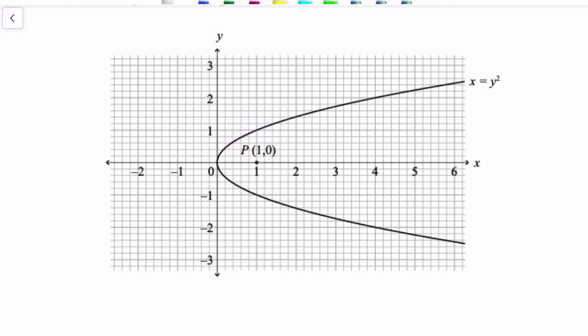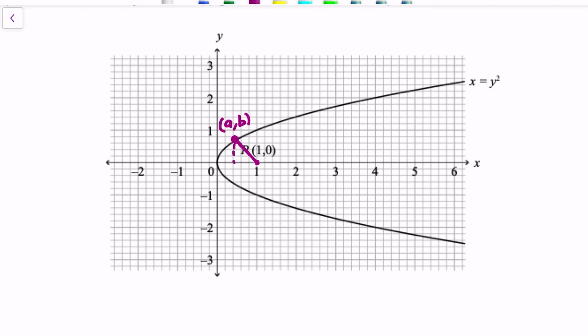Or we can put a point there on the curve, call it (a, b), and then find this distance here to the point (1, 0) in terms of a and b, and then differentiate it.